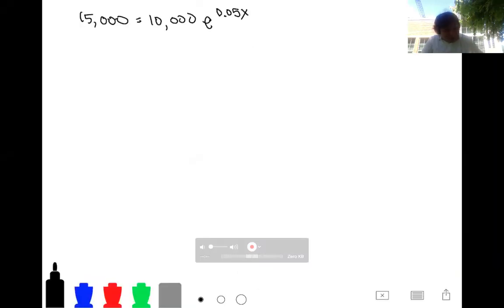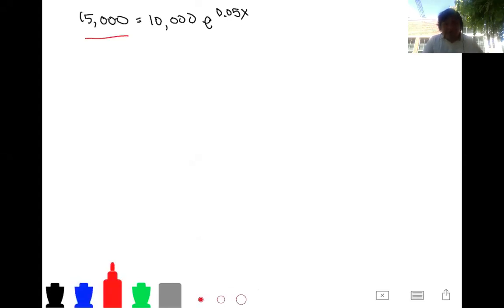As mentioned, the 15,000 is still our account balance. That is our goal. We need to raise our $10,000 initial investment to 15,000. The question is, if this was compounded continuously, how long would it take at a 5% interest rate?